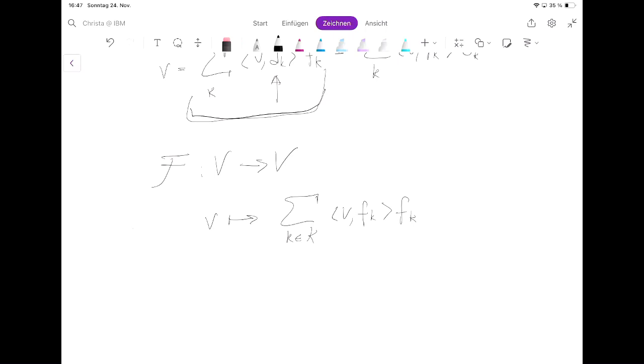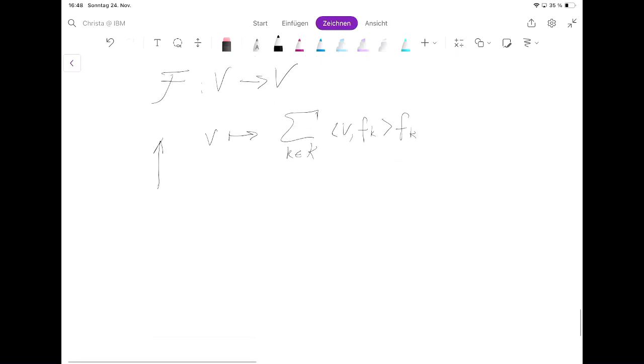Now, this in general will not be V, because it will be V only if this is an orthonormal basis. However, this operator F is self-adjoint.